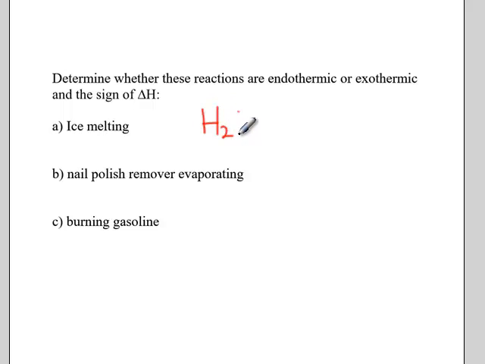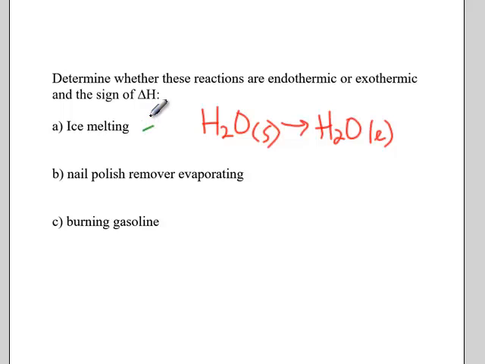We have a phase change, so it's a physical change from water solid to water liquid. Heat will either be added to the reactant side or released from this reaction. So if you think about ice turning into liquid water, do you have to put it into the freezer to take away some of its heat, or do you put it into a hot oven and add heat to it?